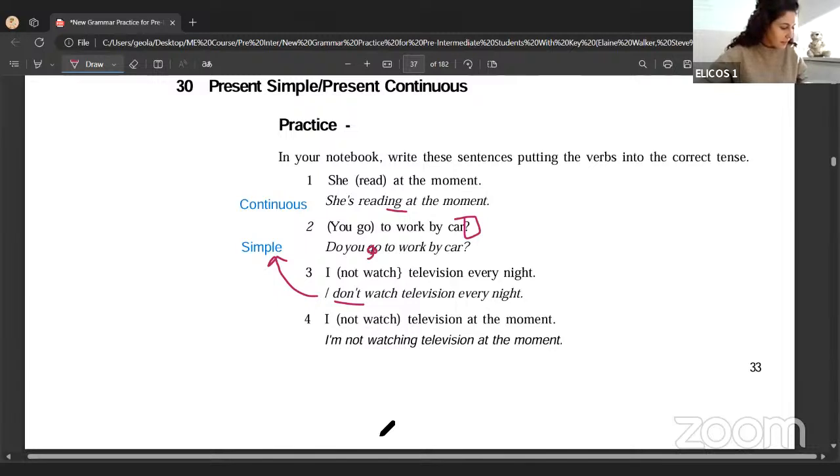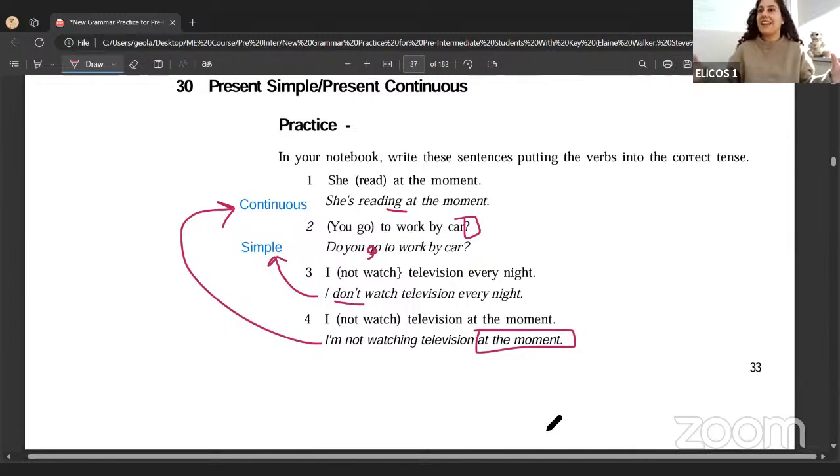Number 4, I think they've done this one as well. So I'll do number 4. I'm not watching television at the moment. So we could see continuous. And I know it's continuous whenever you see a phrase like now or at the moment, that is continuous because it's exactly now at the moment.